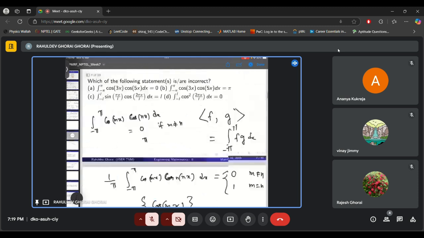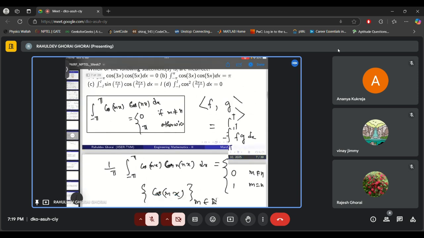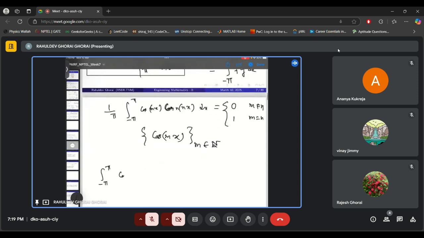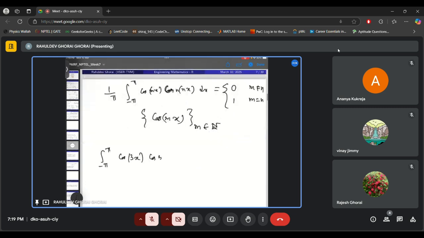Okay, so this is one of the formulas you have to remember. Otherwise, you can also do it this way: what is the integral from minus pi to pi of cos 3x cos 5x? What is the formula for this one?